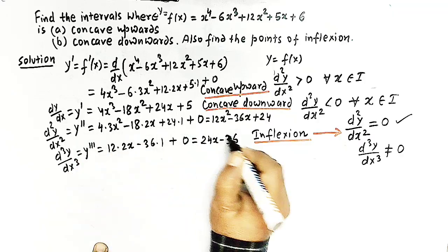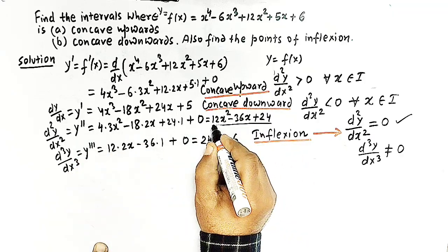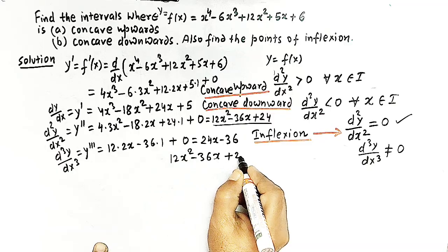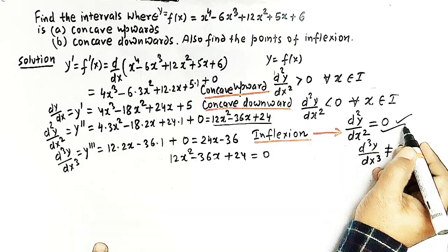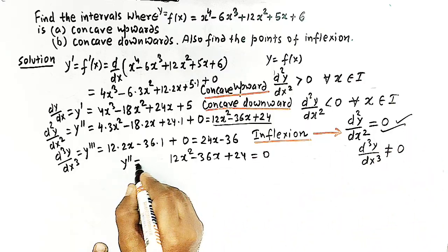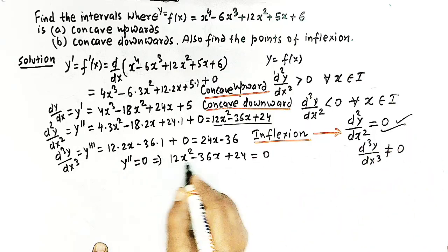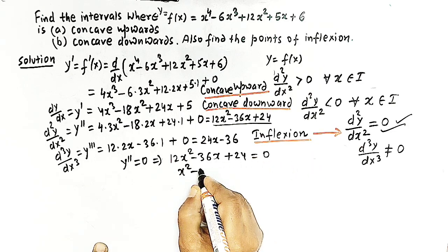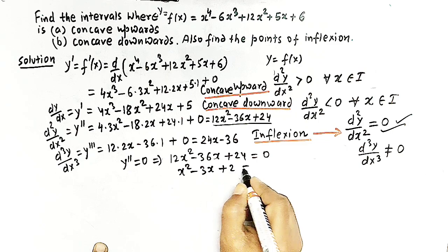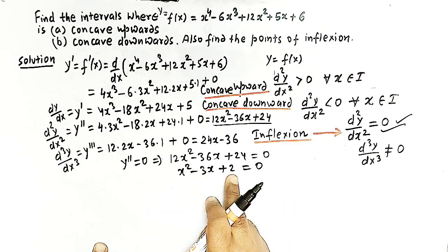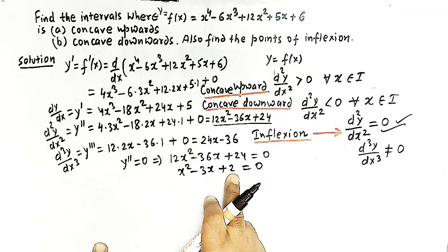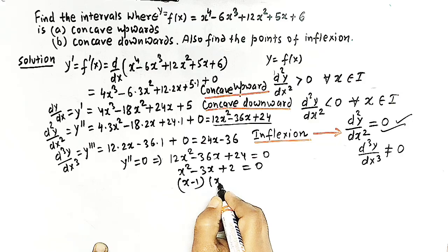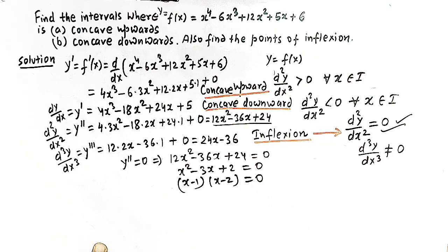So here we now have to equate this expression, that is 12x square minus 36x plus 24, to 0. That is, the second derivative is equal to 0. Dividing both sides by 12, we have x square minus 3x plus 2 is equal to 0, and we have seen the factors of this quadratic expression, that is (x minus 1)(x minus 2) is equal to 0.